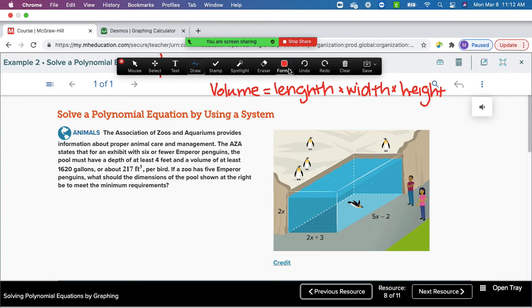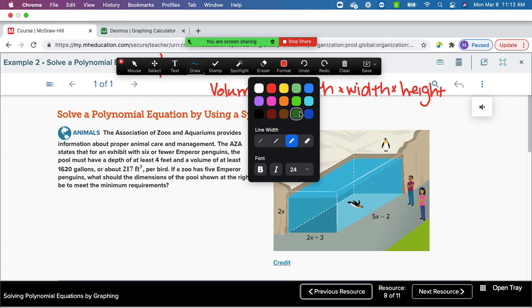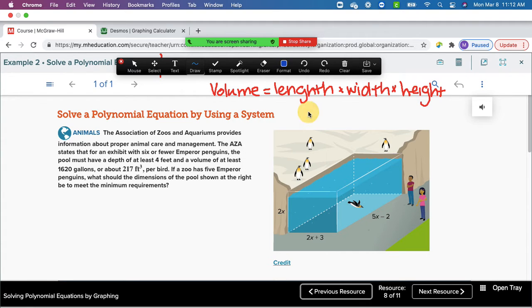So the first thing we have to do is go and look at our steps to solving these word problems. First thing is to create your equation. After you create your equation, your second step is you're going to graph your equation.